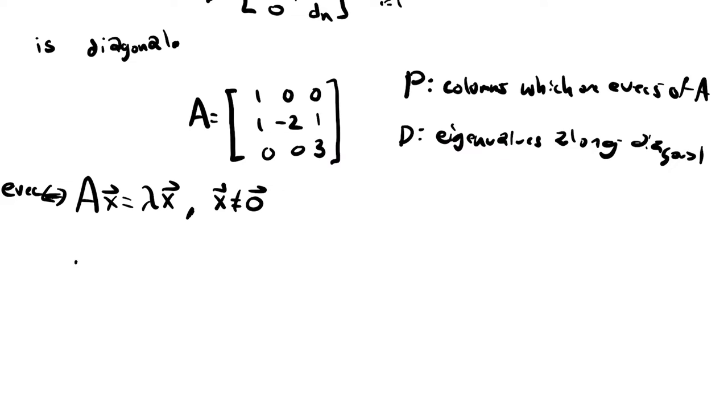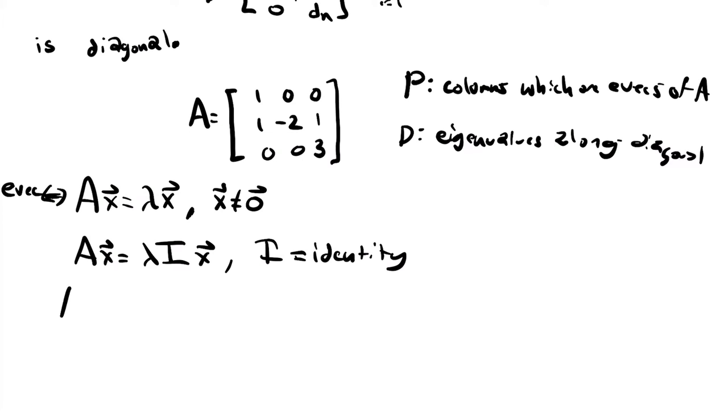Okay, so how do we solve? We're looking for non-trivial solutions here. As an algebraic trick, I'm going to rewrite this lambda x as lambda I x, where I is the identity, because the identity times any vector just gives you back the same vector. And then I'm going to subtract on the other side.